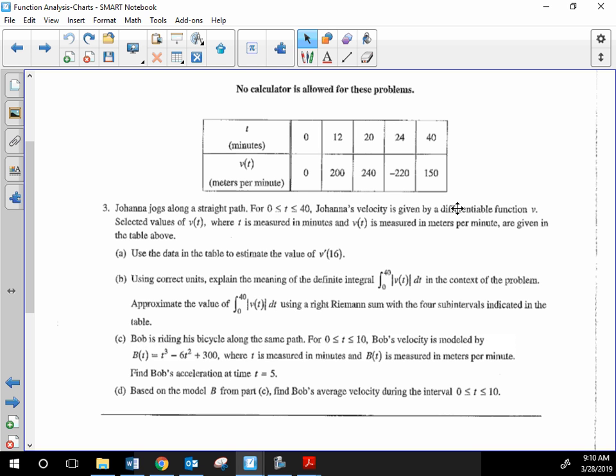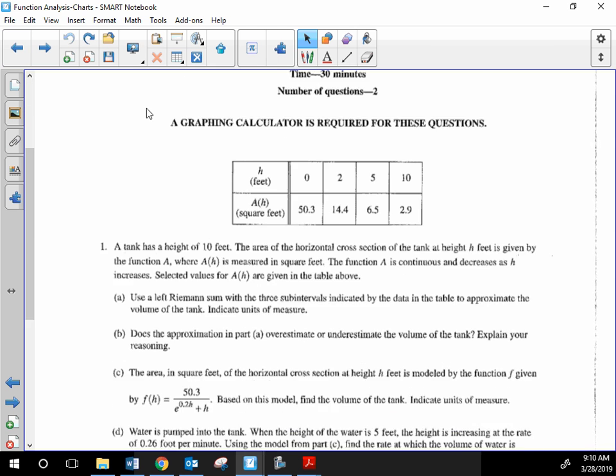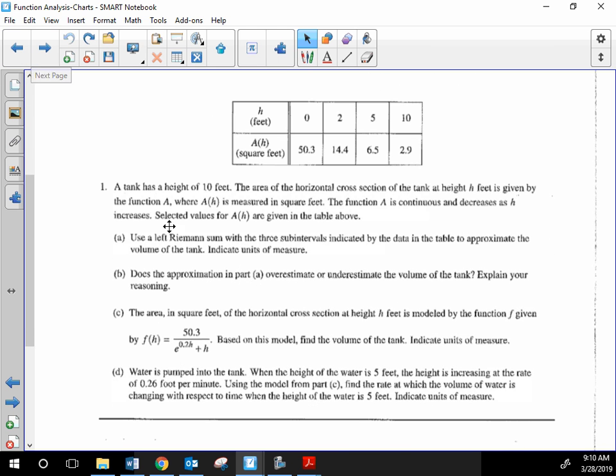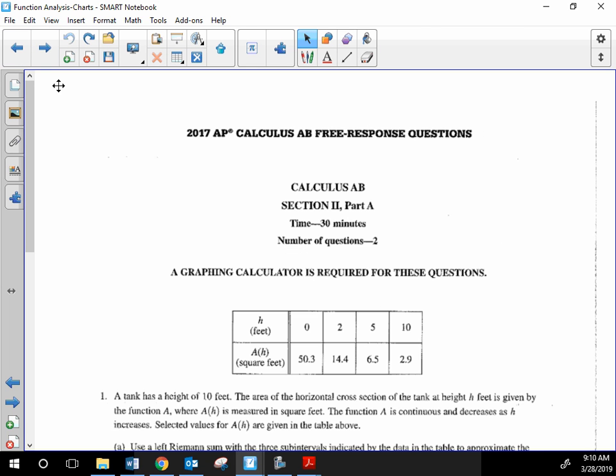This is a particle motion mixed in with function analysis, but I feel like this is what they used to be like. When you take a look at 2018 and 2017, you can see it's asking different information: related rates and volume using a cross-section. So just a heads up, they might be doing that again this year. Okay, so let's take a look at 2017 first.